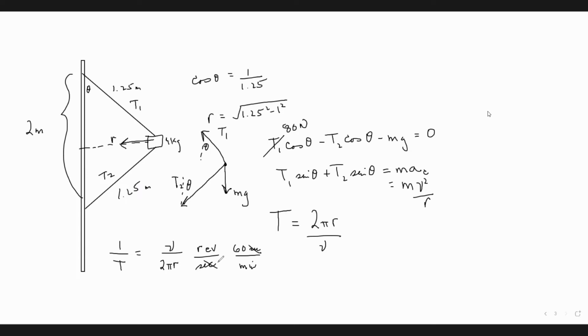Now, what else do they want to know? I want the number of revolutions per minute at which the lower cord just goes slack. So for that part, what I want is for T2 to equal 0.